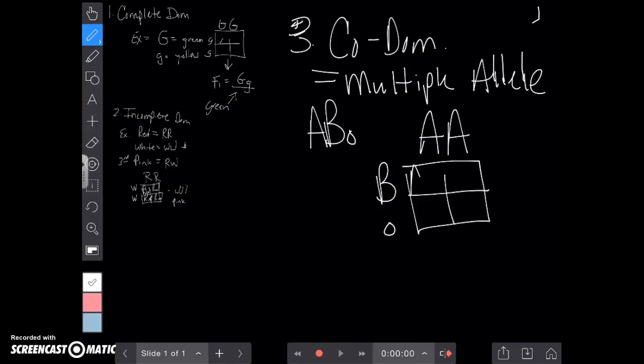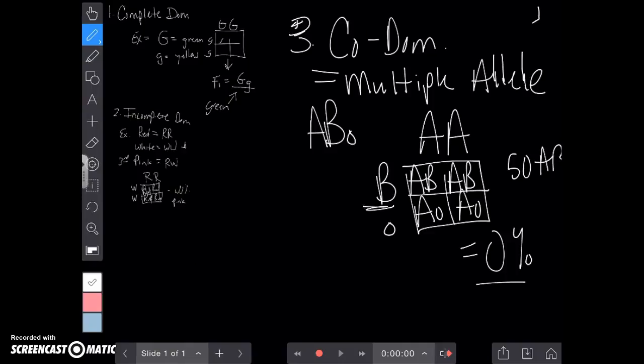Any chance of having a child with type B blood would be a 0% chance, because there's nobody that has just B. I have 50% AB and 50% A blood typing. Those are the two that I actually get. So this is showing you an example of codominance.